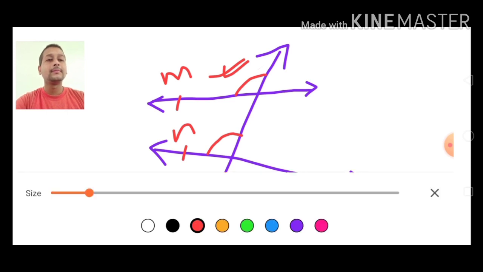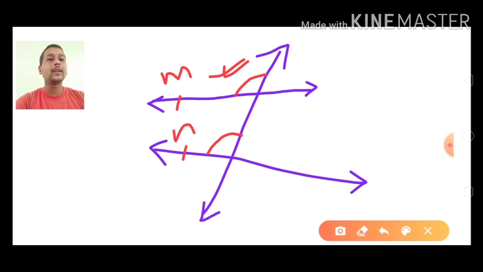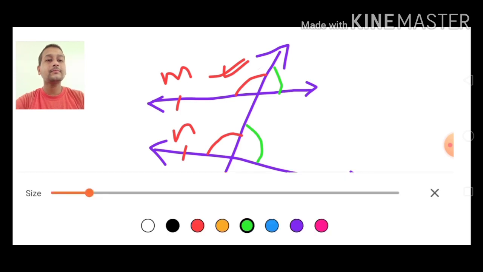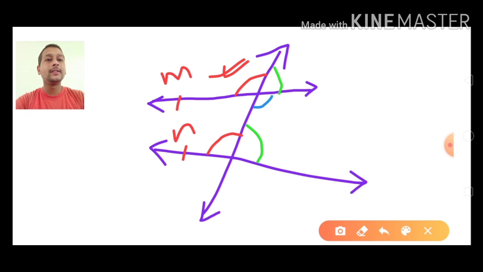Likewise, this angle and this angle are corresponding angles in the above part. Now again, for corresponding angles in the lower part, this angle belongs to the lower part, and this angle too belongs to the lower part.